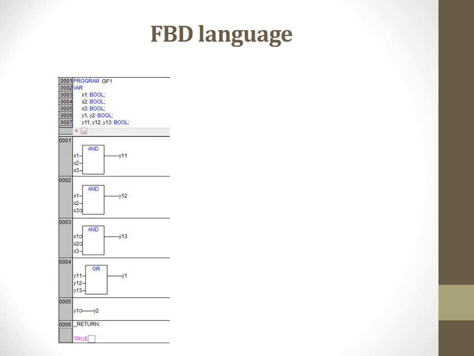First we see the logical AND operations performed in this chain and this chain. After that the logical OR operation is performed, as we see in this OR block. After that we have an inversion operation of this result.